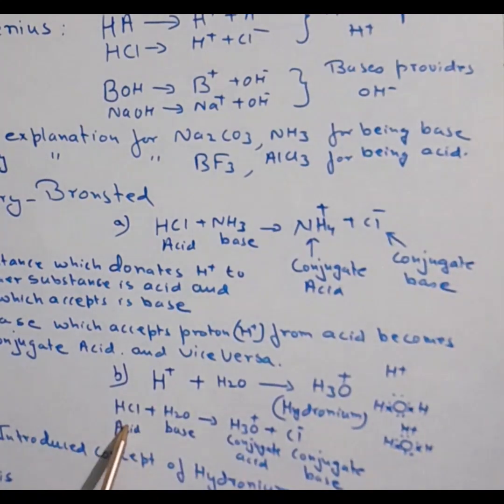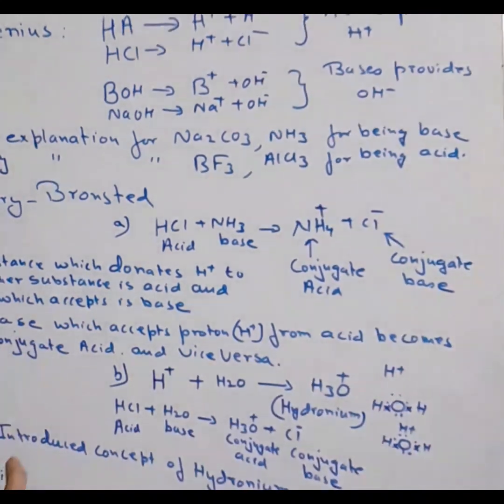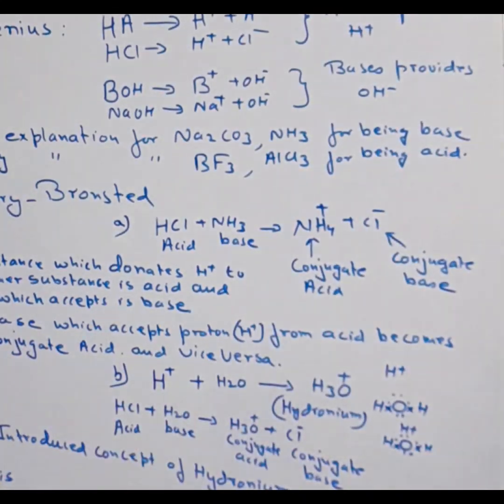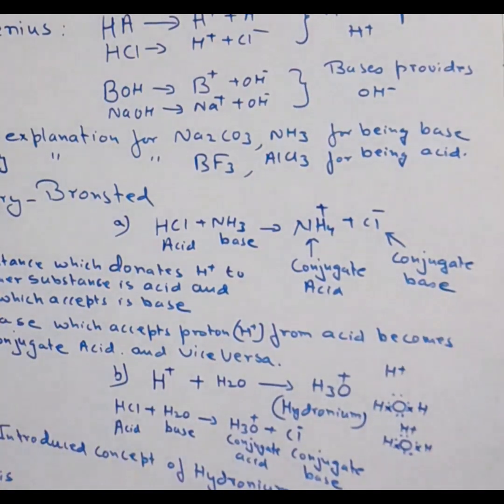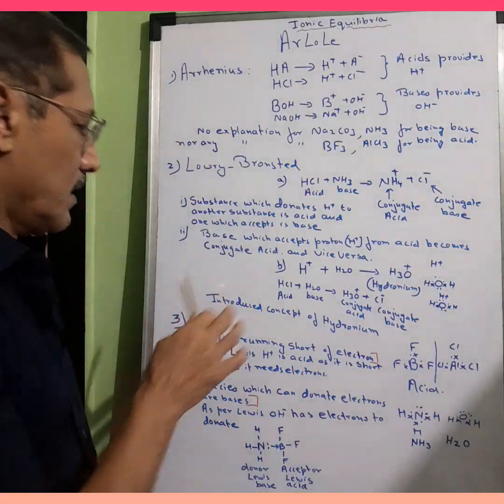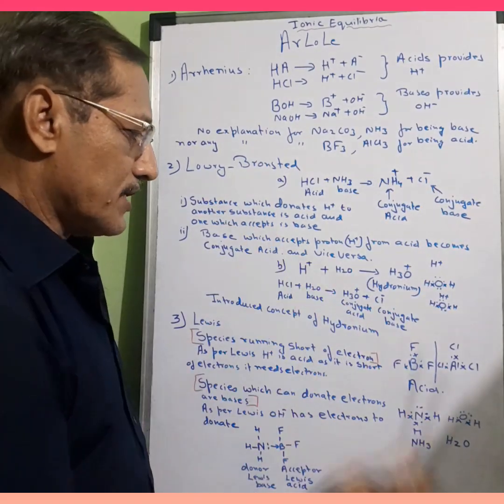So HCl, which was an acid, formed a conjugate base, introduced by Lowry. And another concept introduced is of hydronium: a proton gets attached to water and forms H3O+. So this is yet another concept, the hydronium ion, introduced by Lowry. Okay, so these are the concepts introduced.